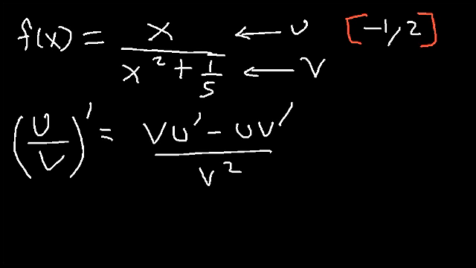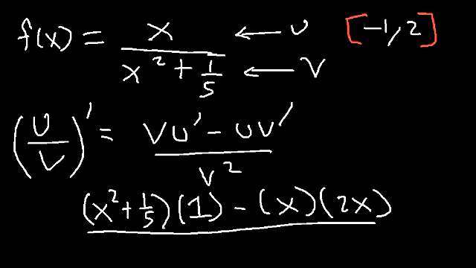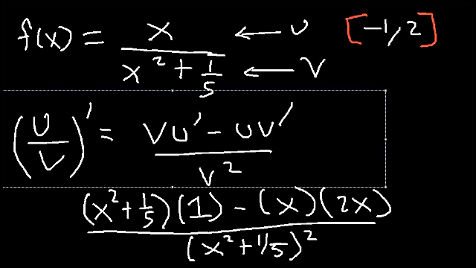So v is x squared plus 1 over 5, times u prime, the derivative of x, that's 1, minus u, which is x, times v prime. The derivative of x squared plus 1 over 5 is simply 2x, and then divided by v squared, which is x squared plus 1 over 5 squared. So that's the first derivative.